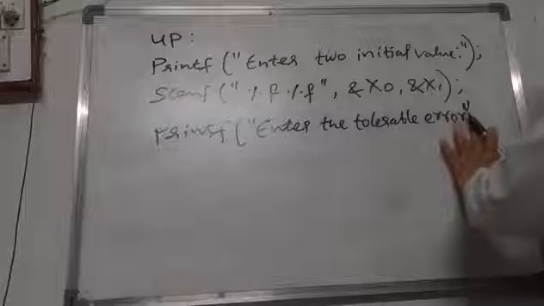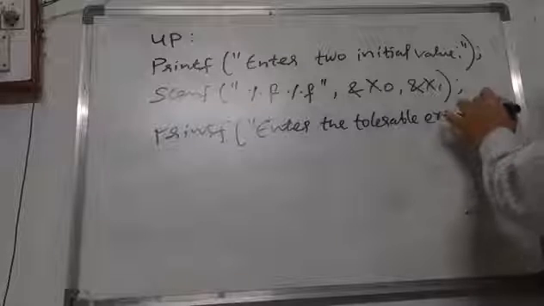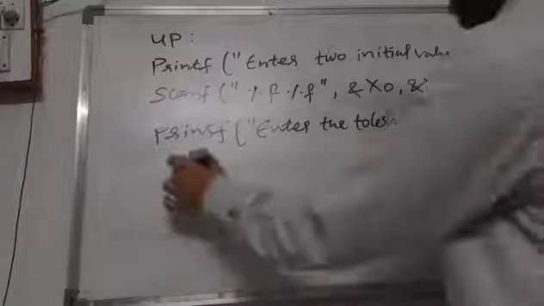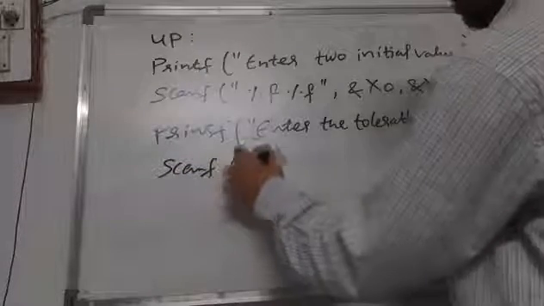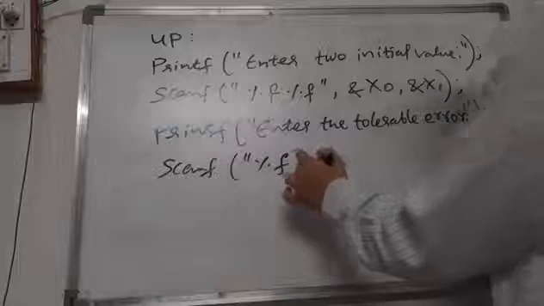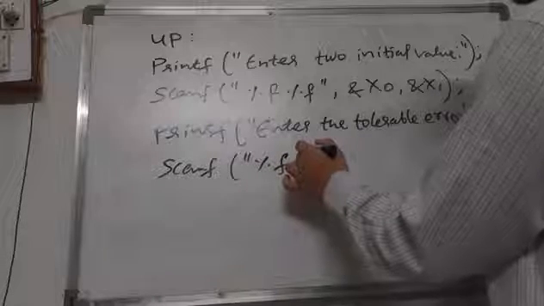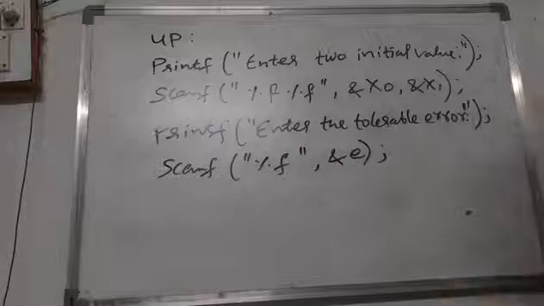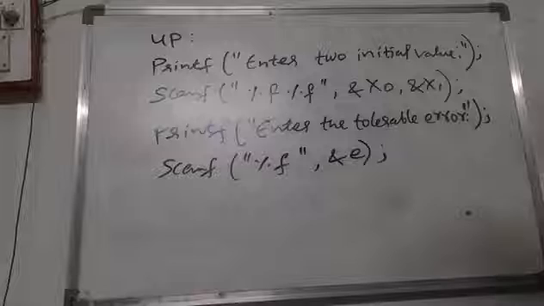This should be read by scanf. So using scanf percentage f, I am reading this error, and it should be stored in the error variable. Whether 0.1 or 0.01, based on the error you give, the program will be executed.